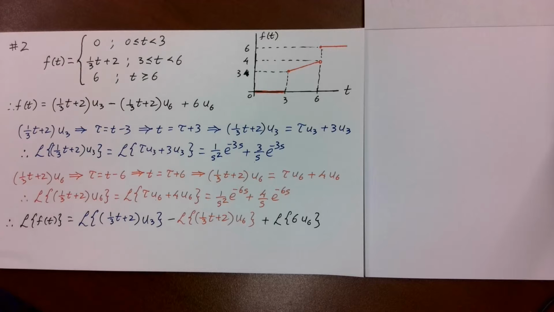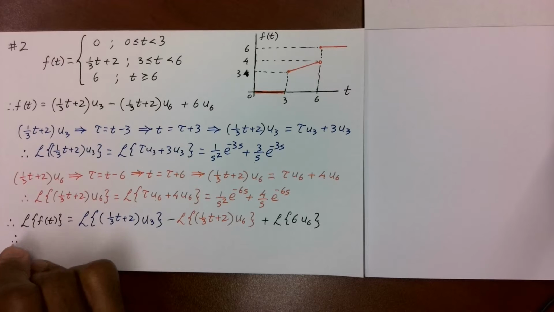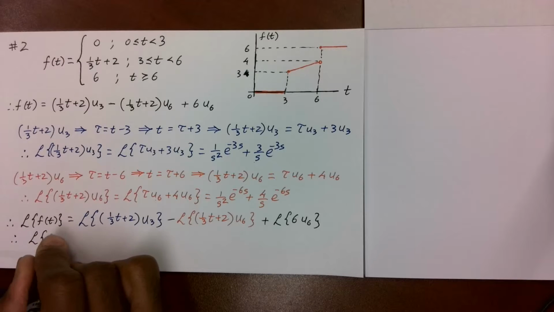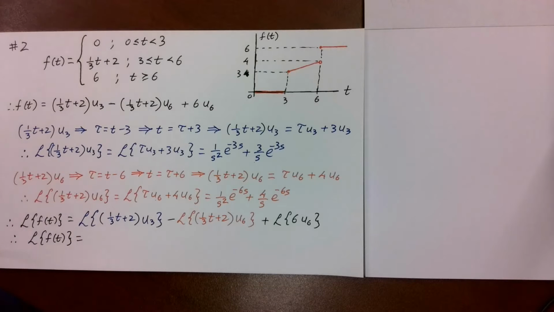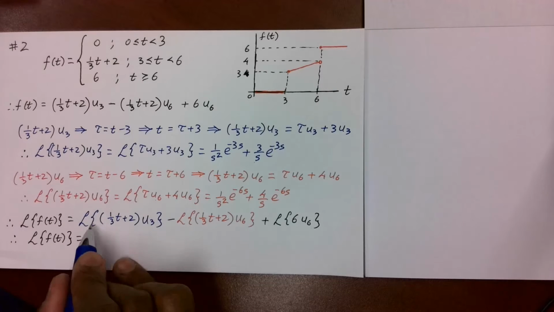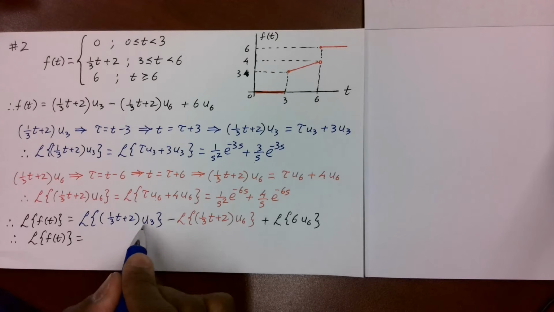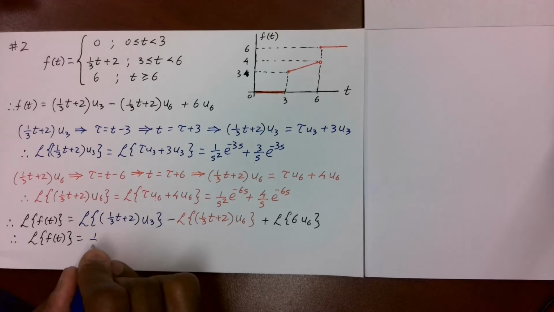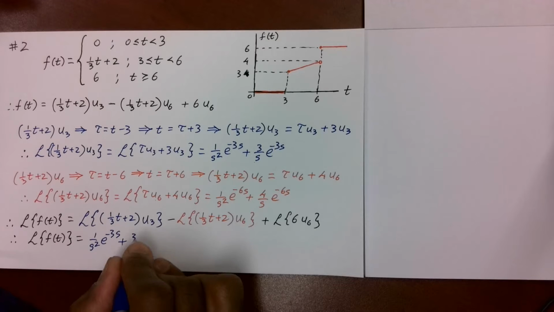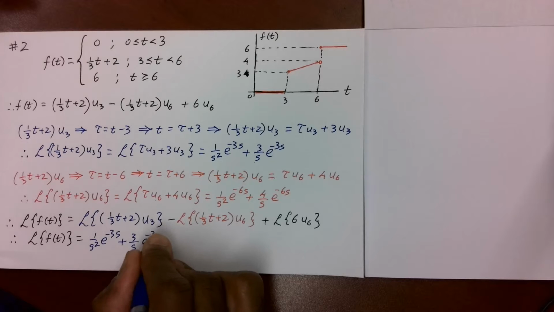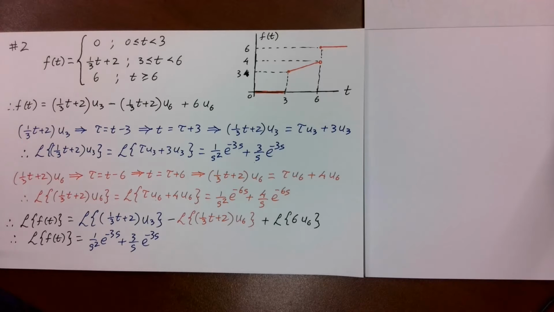And therefore we can simplify this to the Laplace transform of f of t is going to equal the Laplace transform of the first piece, (1/3 t + 2) u3, which we evaluated to be 1 over s squared e to the negative 3s, plus 3 over s e to the negative 3s, minus the Laplace transform of the second piece, which is also evaluated.